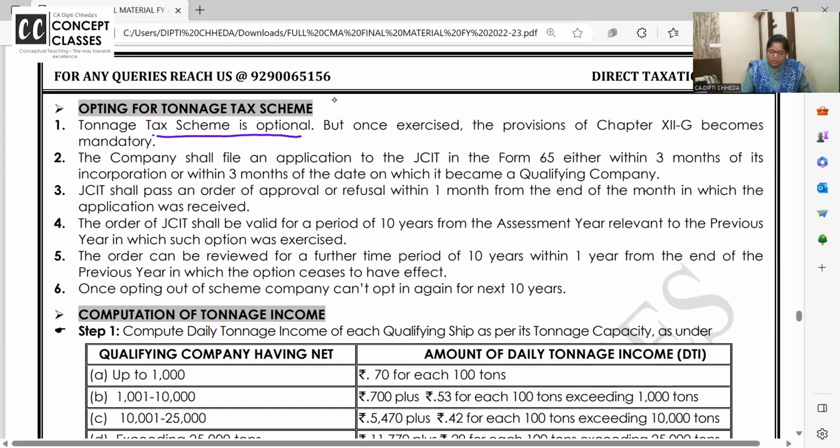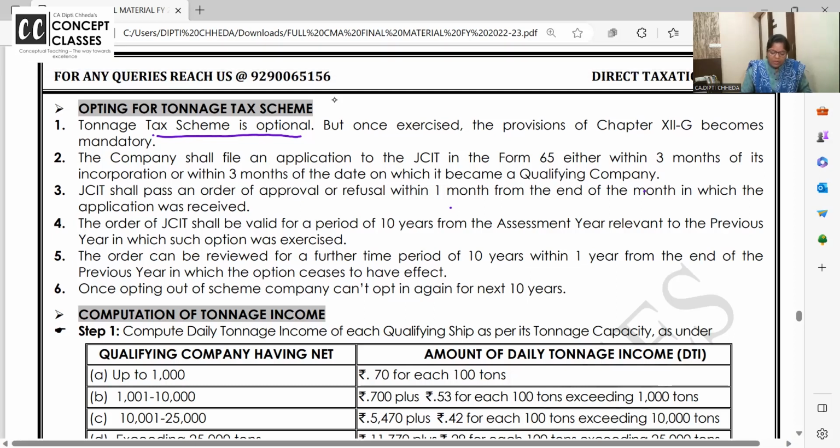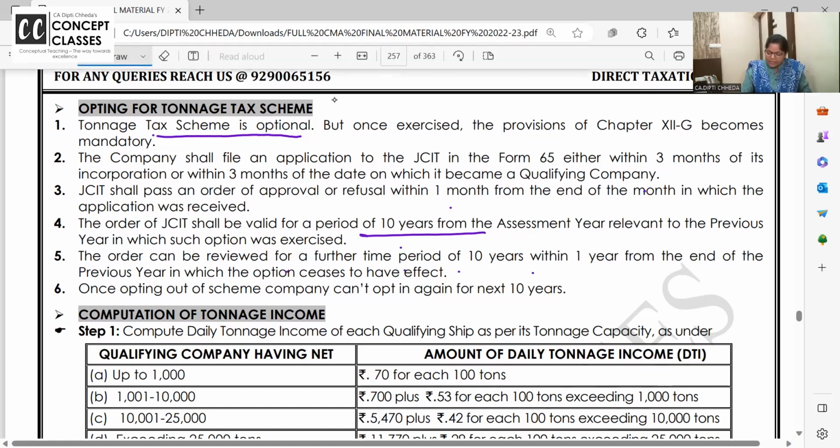JCIT shall pass an order of approval or refusal within 1 month from the end of the month in which the application was received. The order of the JCIT shall be valid for a period of 10 years from the assessment year relevant to the previous year in which such option was exercised. The order can be renewed for a further period of 10 years within 1 year from the end of the previous year in which it ceases.